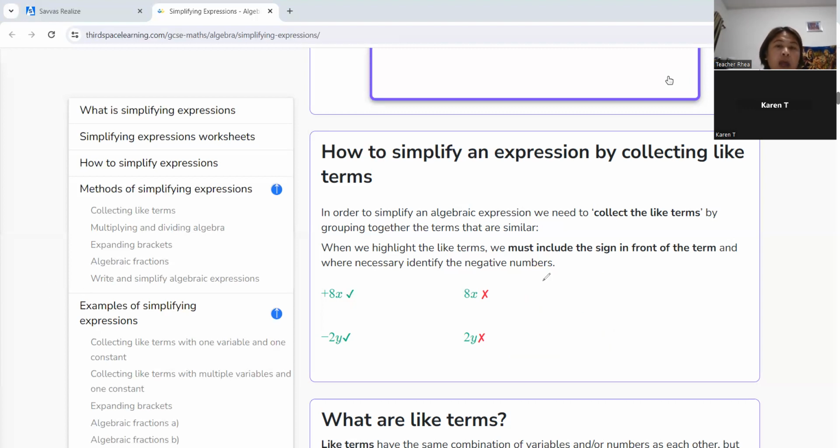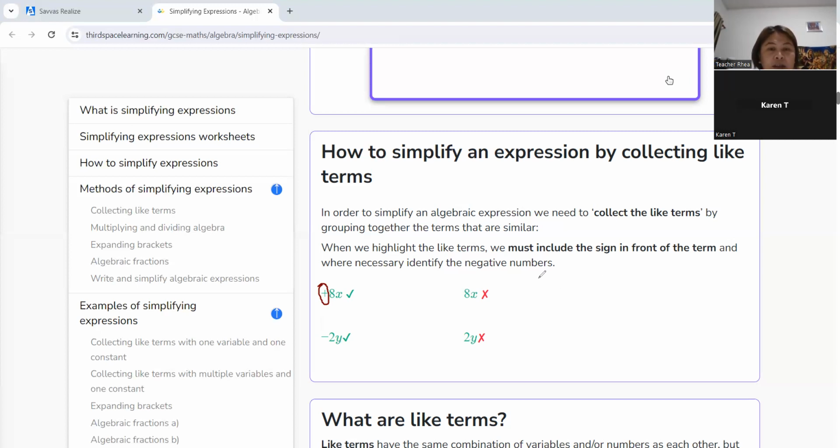And also, in collecting like terms, you need to include the sign in front of the term, whether it is positive or negative.